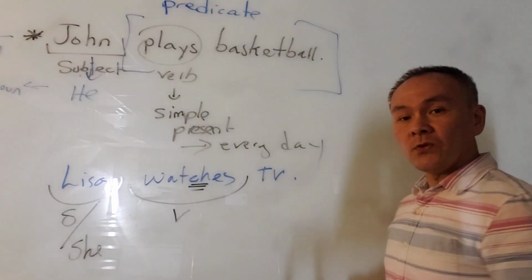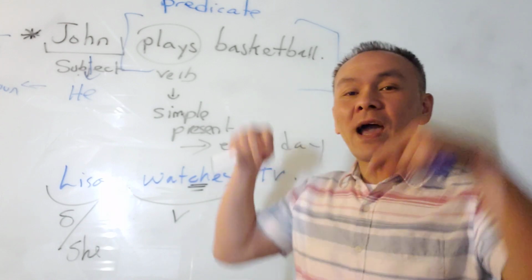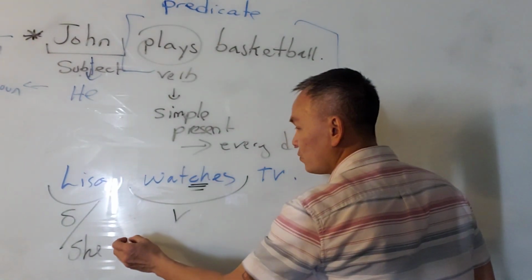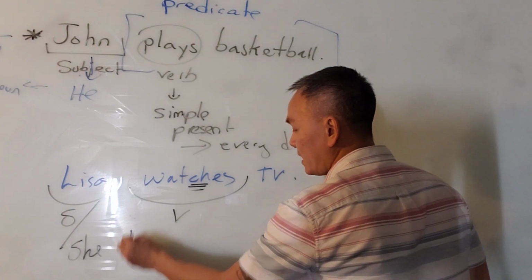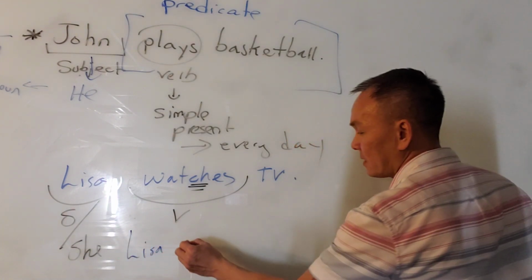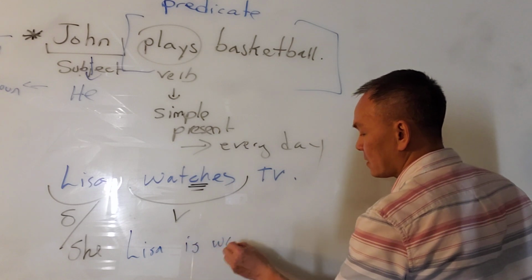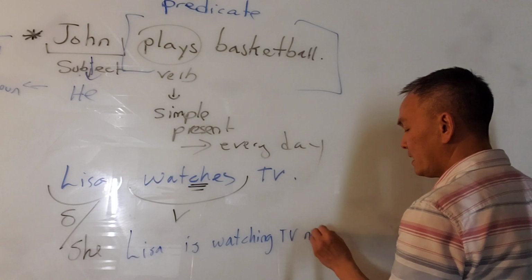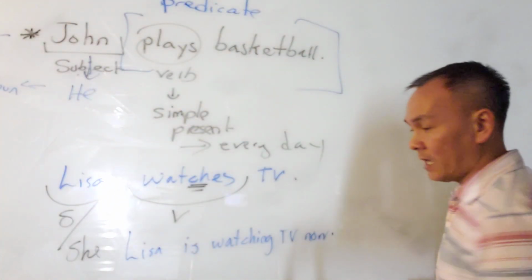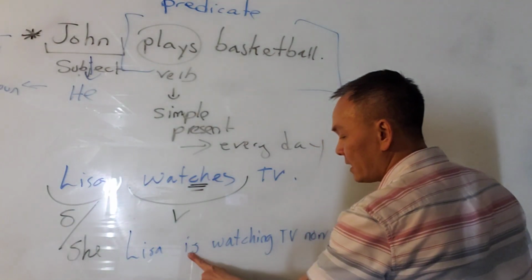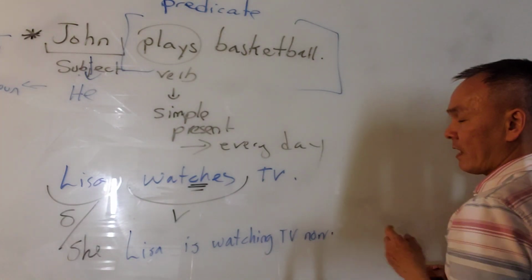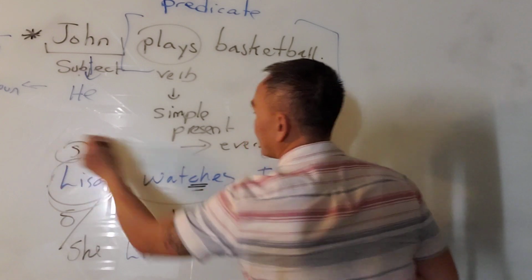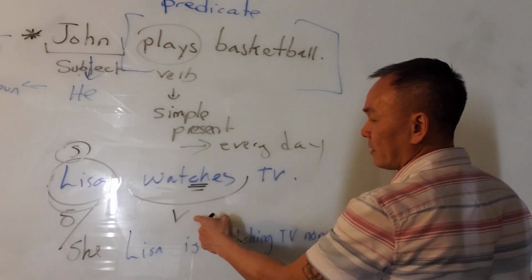Now, if we want to change to right now, at the present moment, then we will say Lisa is watching TV now. So let's go back again. This is the subject, and this is the verb.